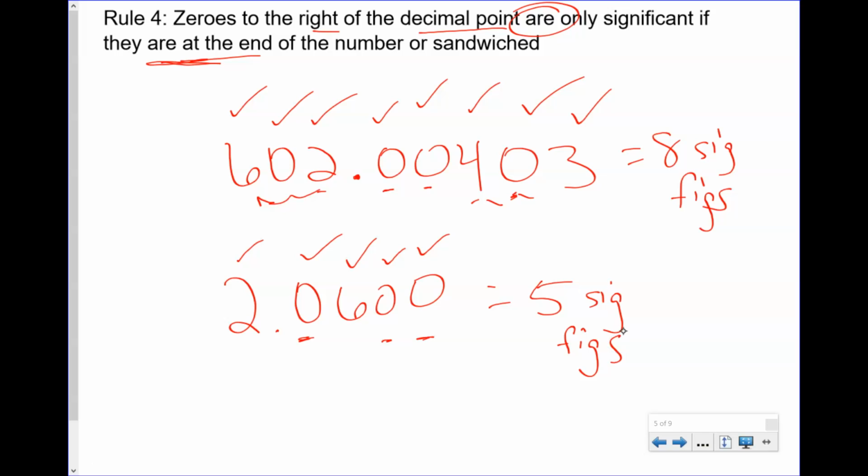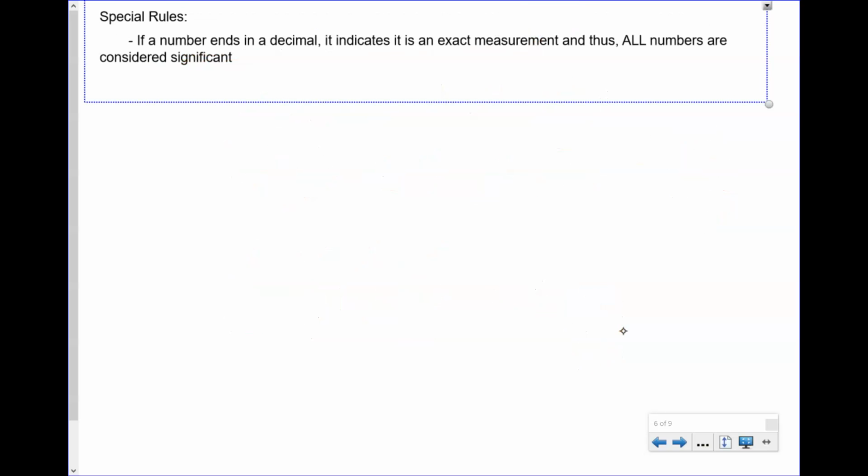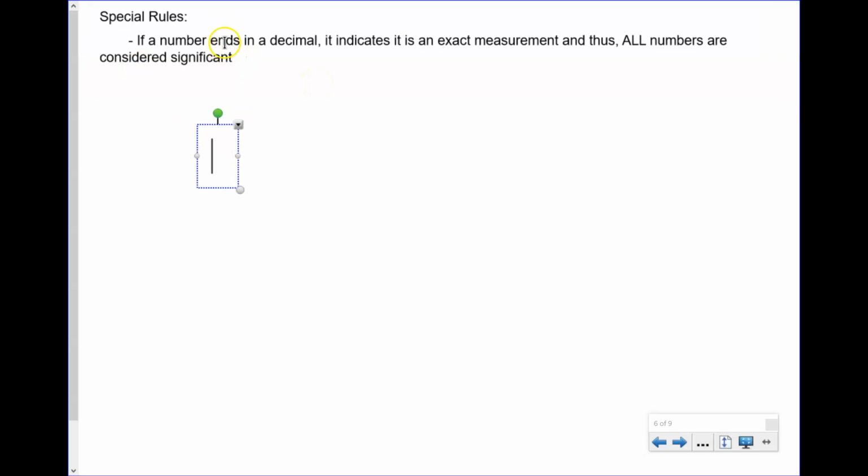All right, so we've got a couple special rules here. The special rule is if a number ends in a decimal point, it indicates that it is an exact measurement, and thus all numbers are considered significant.